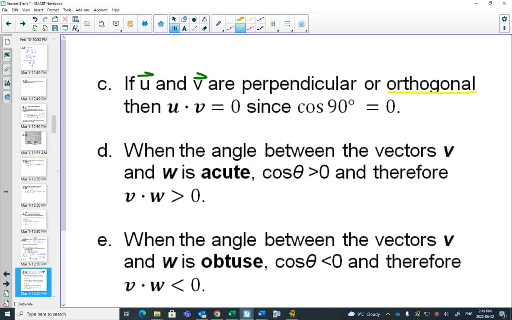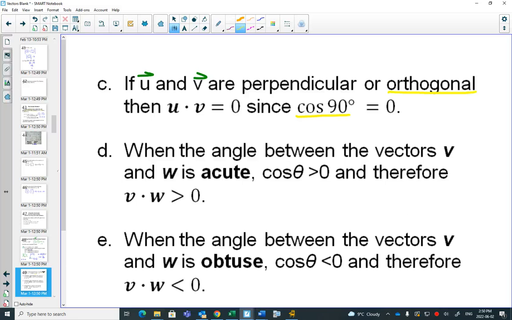Before, you'd have to find the slopes, and if the slopes were negative reciprocals, then you could say they're perpendicular. Now, we just find the dot product. If it's 0, it's because cos of 90 degrees is 0, which makes that whole thing 0.